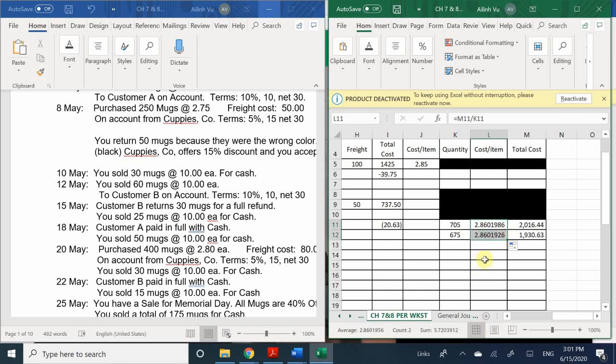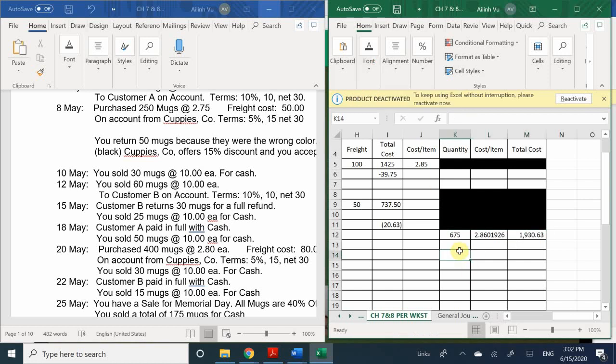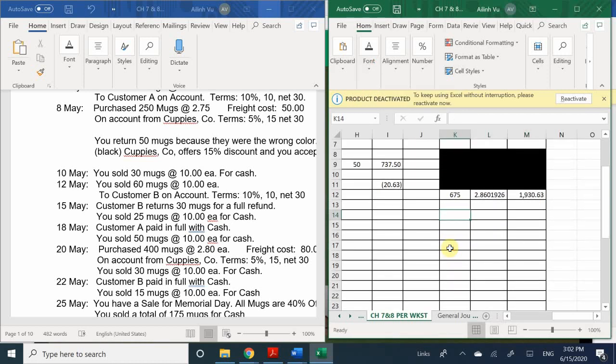All right. And then if I apply that formula down, it has not shifted that much. Okay. Now I'm going to highlight this, and I am done with this. Okay.